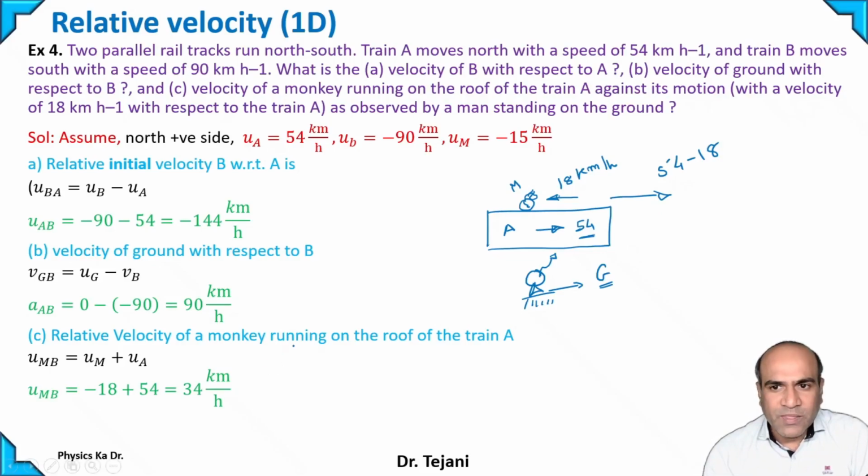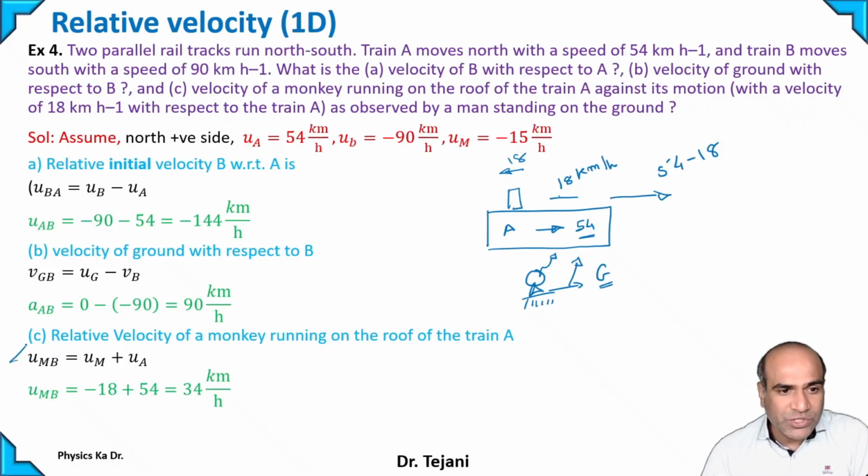We can see also, right? If that monkey is stationary on the train, it moves with 54 kilometer per hour compared to ground in the forward direction, but that monkey is running 18 kilometer per hour in the opposite side. Therefore, when I see with the ground, it should be 54 minus 18. So the monkey's velocity becomes 34.